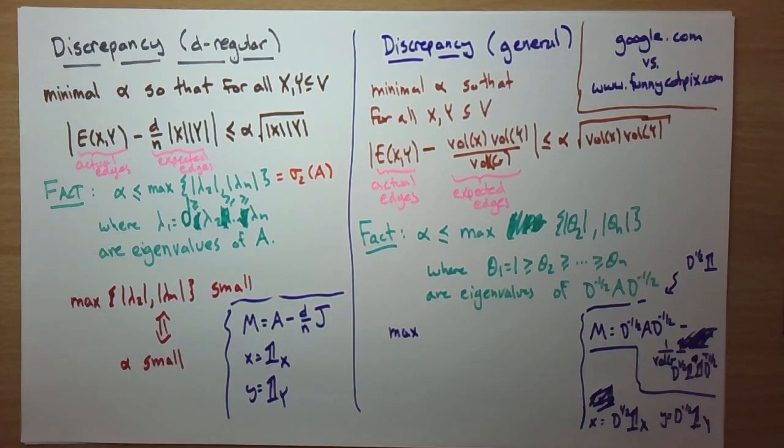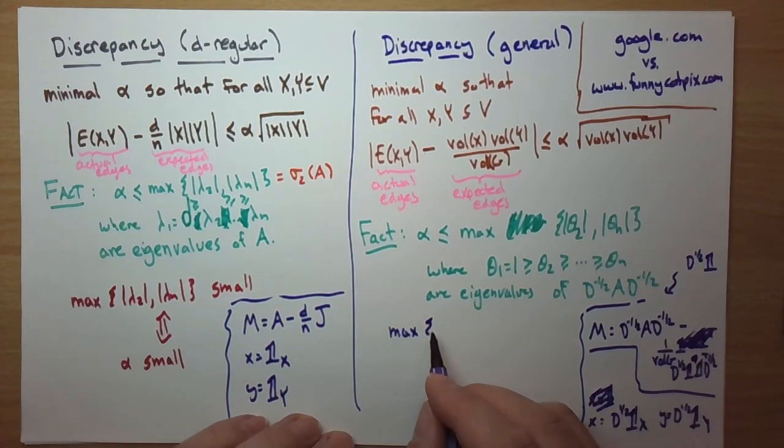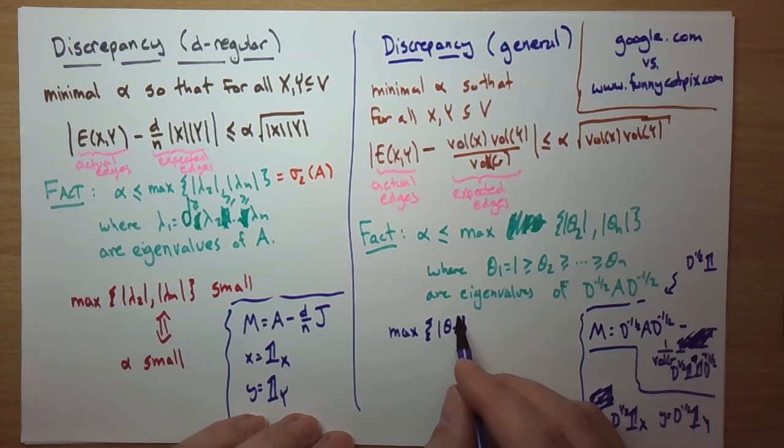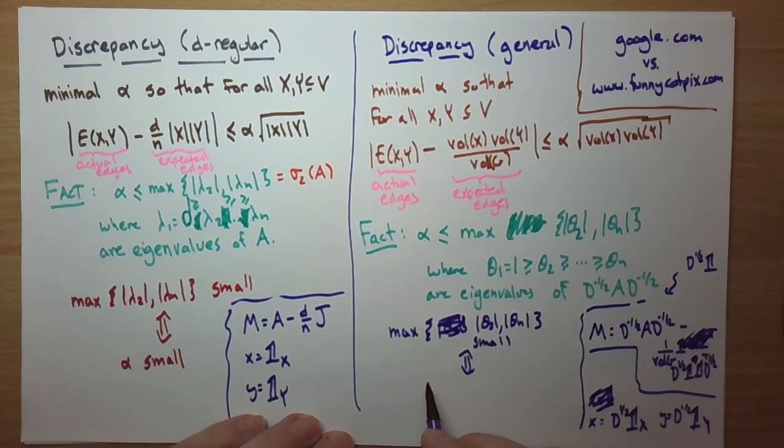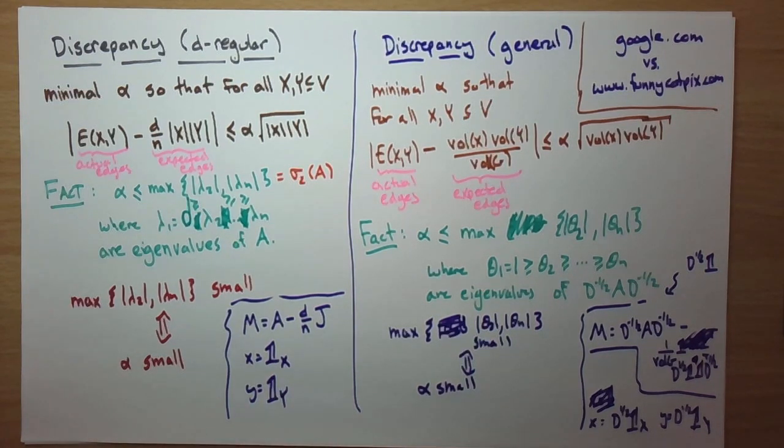So it's the same tool to establish the facts. All right, and there's a nice result. The max of theta 2 and theta n in absolute value is small if and only if alpha is small, which is still true.